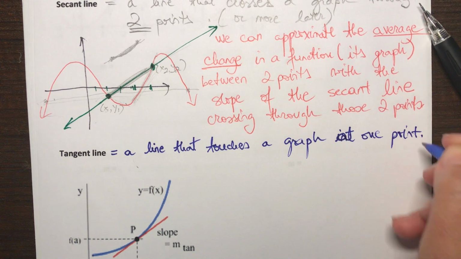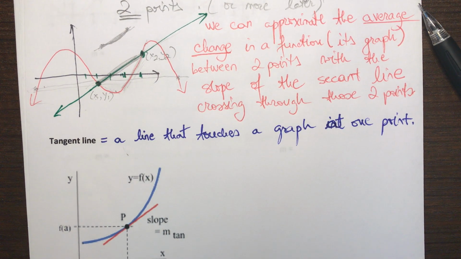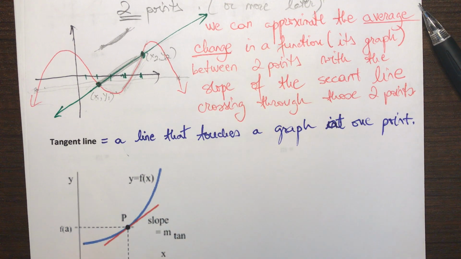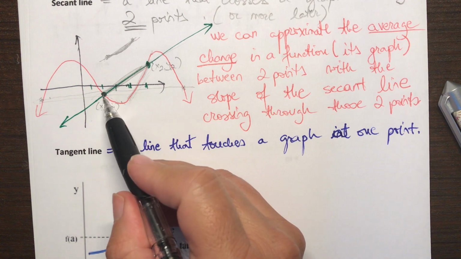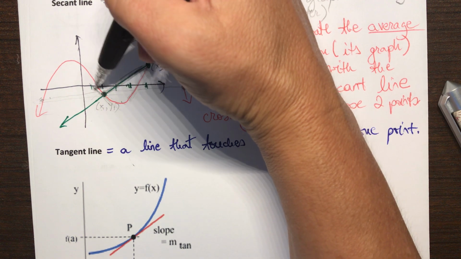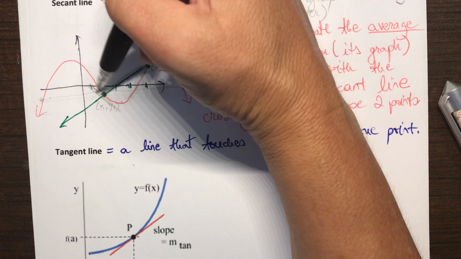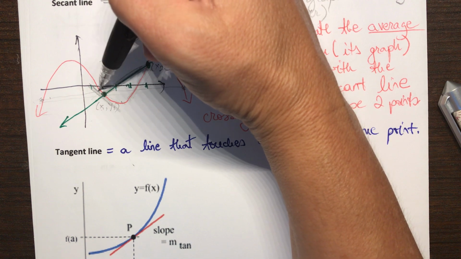There could be more later, but the point is, again, I'm looking at what happens specifically at a point in time, yes? So if I want, for example, to see what happens to my function at this point in time, what I could do is I could just draw a tangent line, right? So the slope of this line is kind of giving me an idea. It's approximating this curve, yes?